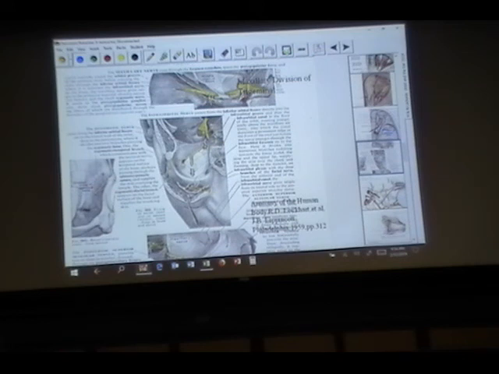So here are two branches of the maxillary division coming into the inferior orbital fissure: zygomatic and infraorbital. Zygomatic comes out lateral here. One of the things it does is go through an opening here, the zygomaticoorbital foramen.